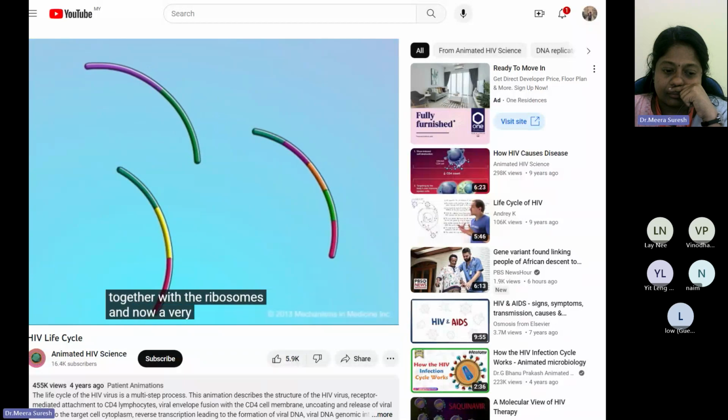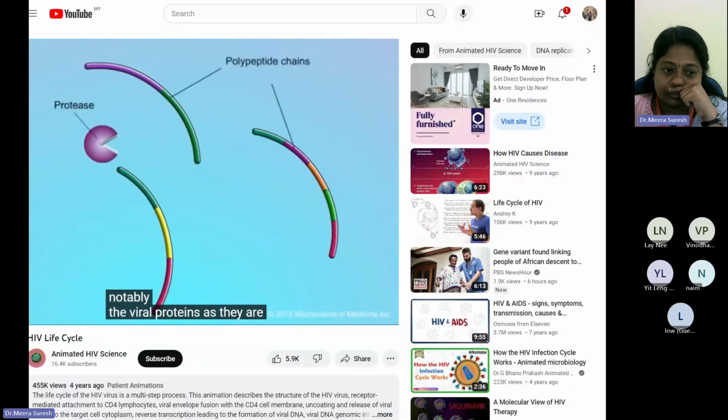And now, a very important event in the viral life cycle, notably, the viral proteins as they are made are actually first produced as precursor proteins that are not themselves active in any real sense. In other words, these precursor proteins are not actually able to function within the viral life cycle to give rise to finished virus products.